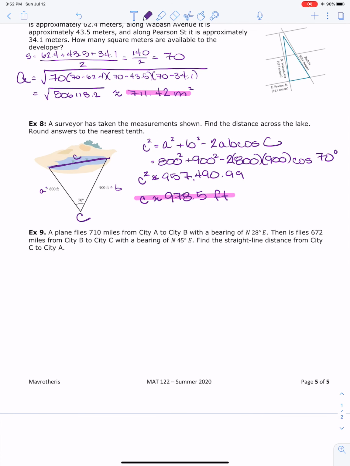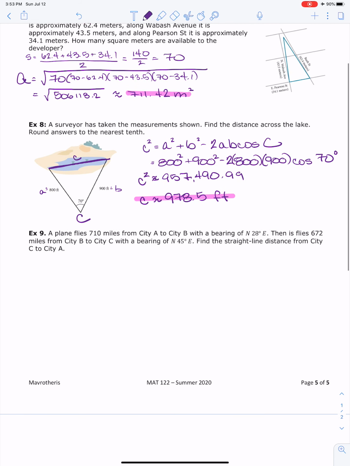Example 9. This one's a little different, and depending what text we're looking at, you may or may not see problems that deal with bearings. Okay, so let's talk about what we've got to start. I'm starting at city A, and I'm going to put city A right here.